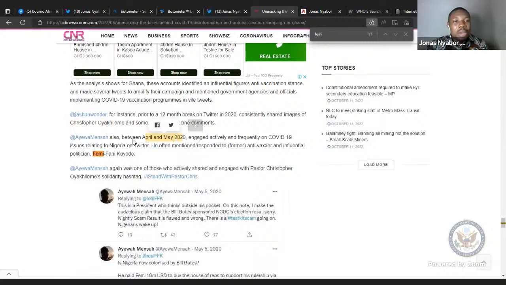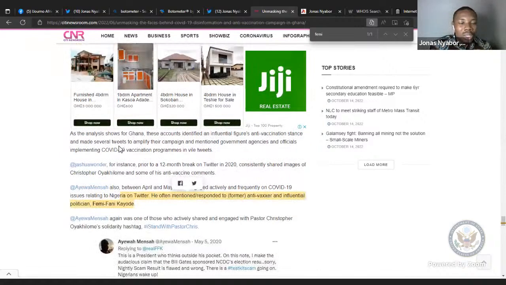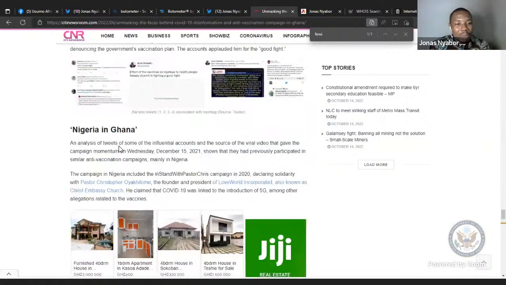But prior to the start of the campaign, it was tweeting at Nigerian politicians, talking about Nigerians, which didn't sound like it was originally a Ghanaian account, because it was tweeting a lot in very local Nigerian language before the start of the Ghanaian campaign in December 2021. It switched to talking about Ghanaian issues.